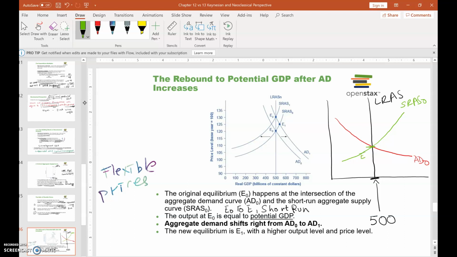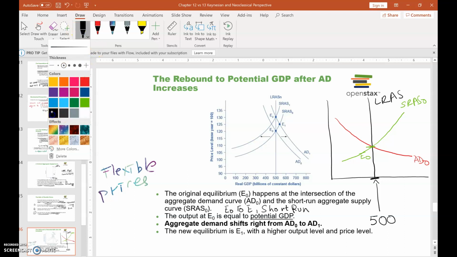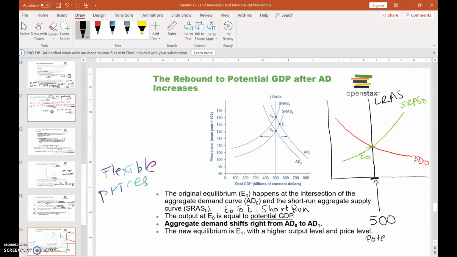Initial intersection is at point E0. At point E0, the potential gross domestic product is 500. We get this from the long-run aggregate supply curve, and this is also equal to the real gross domestic product. The real gross domestic product we get at the intersection of aggregate demand curve and aggregate supply curve.